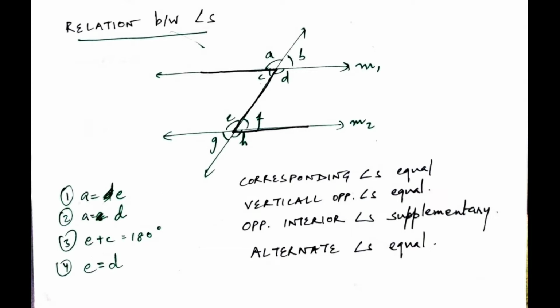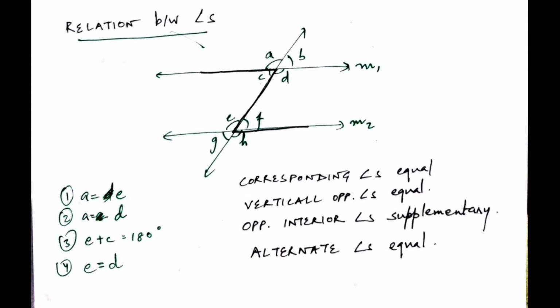When A is equal to D, E is equal to H, C is equal to B, G is equal to F, these are vertically opposite angles. And when the interior angles on the same side are supplementary, so E plus C will be 180 degrees, D plus F will be 180 degrees.